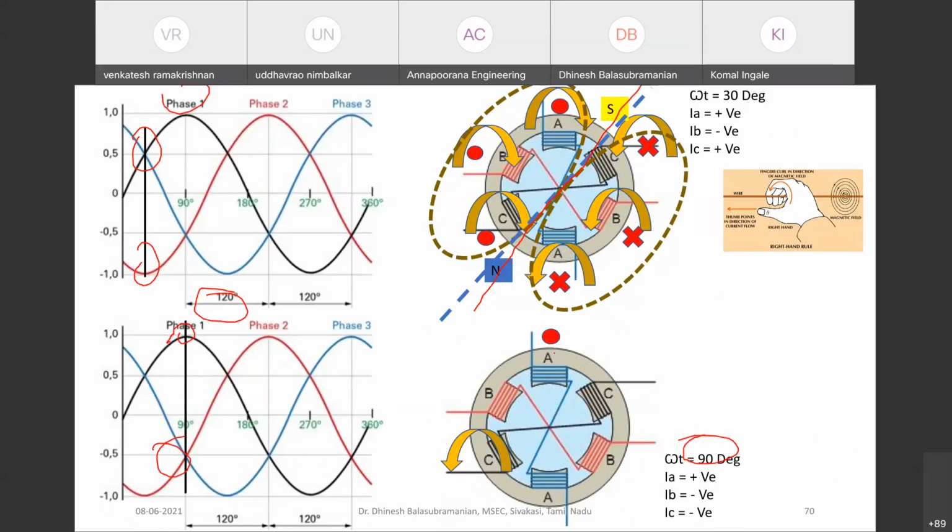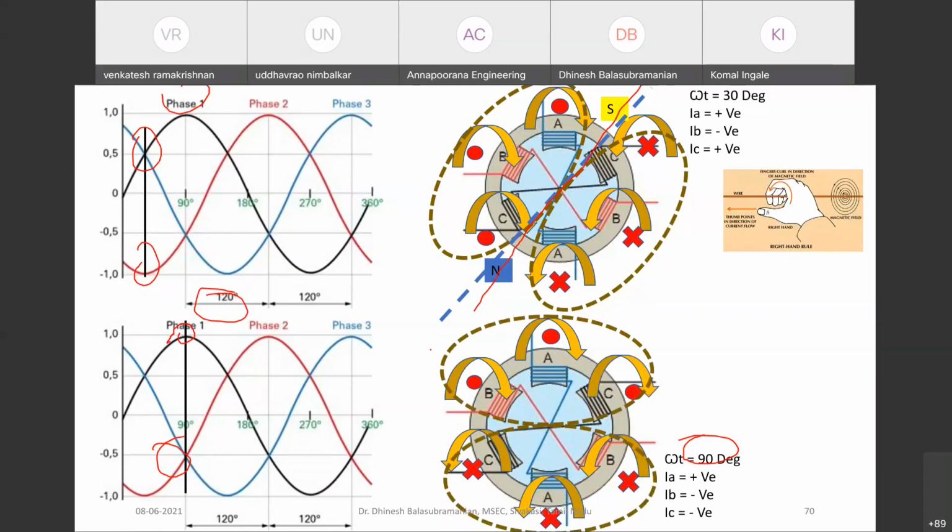So if it is positive, the current would be entering through A and leaving through A dash. And if B is negative, it would be entering through B dash and leaving through B. If you plot all these and combine the similar patterns, you can see the center axis has been shifted by an angle of 90 degrees. So this is what makes the rotating magnetic field.